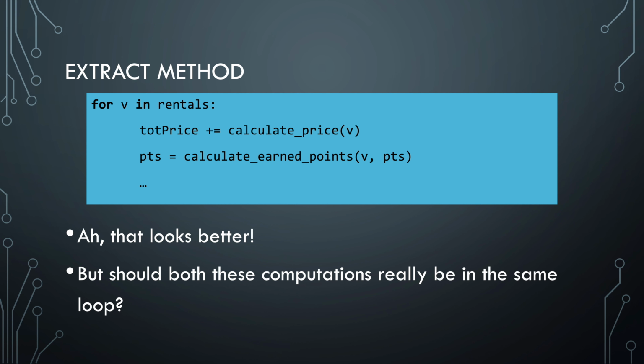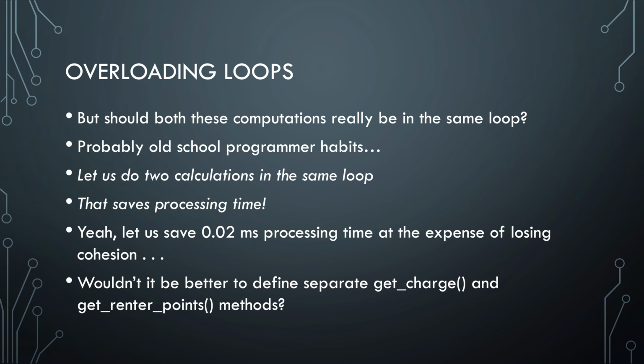Now you can ask yourself, does it actually make sense to do these two unrelated computations in a single loop? Possibly this comes from old school programmer habits to over-optimize code. Let's save 0.02 milliseconds of processing time at the expense of losing cohesion.